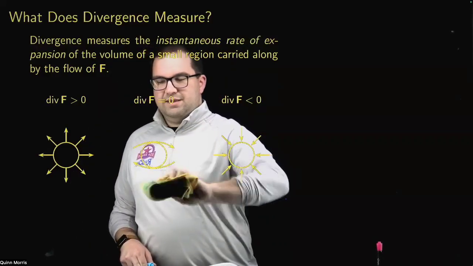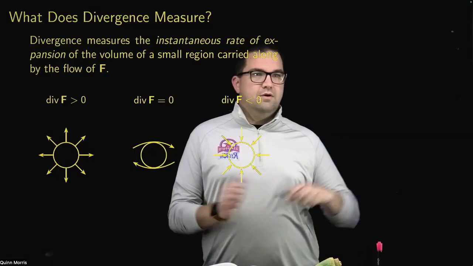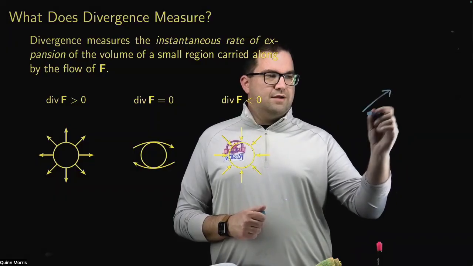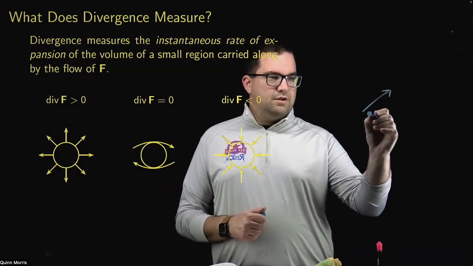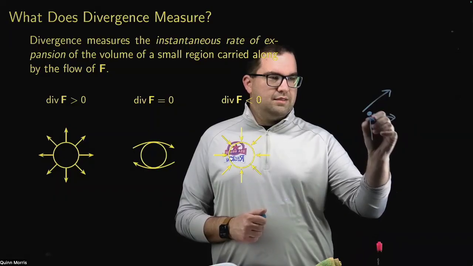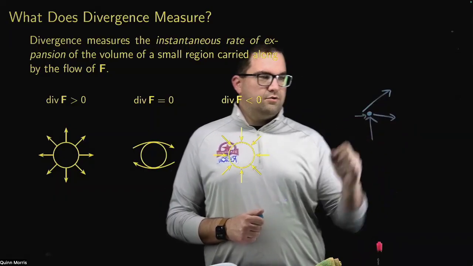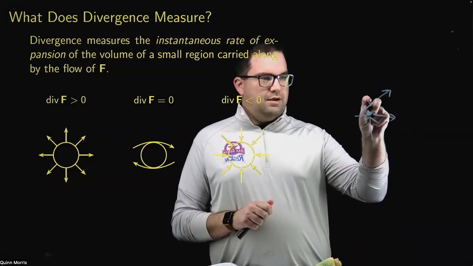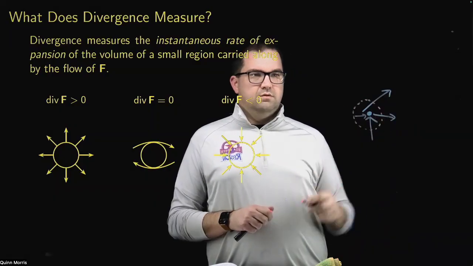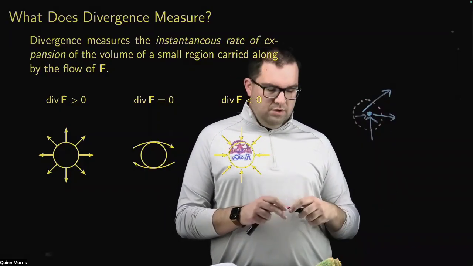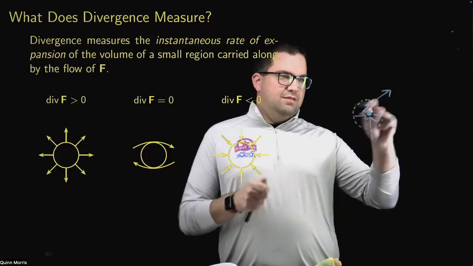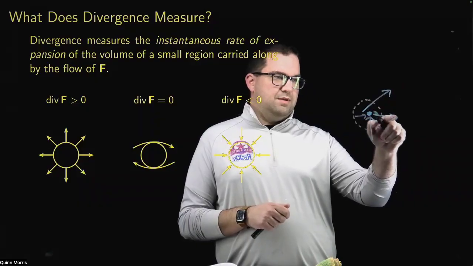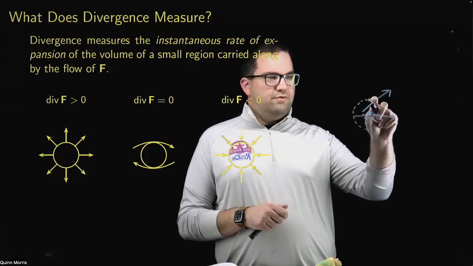It can become very difficult if you are looking around some particular point, and you have maybe a big vector like this, and another vector like this, and another vector like this, and maybe another smaller vector like this. You ask the question, okay, I drop some dot in here, what's going to happen? Well, after a little bit of time, this part is going to be pushed out a lot because that's a really big vector, but this is maybe going to be pushed out a little bit, but it's a smaller vector.